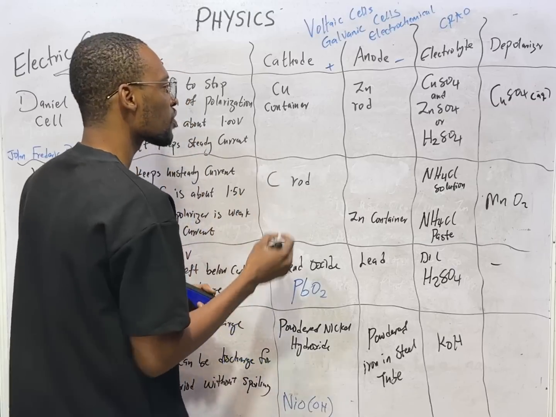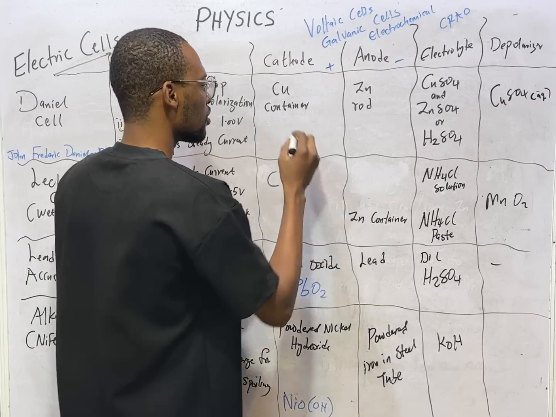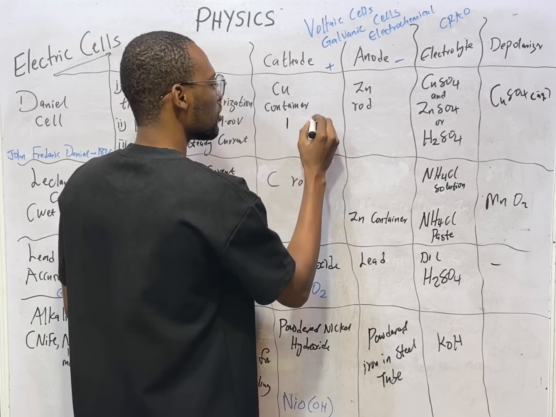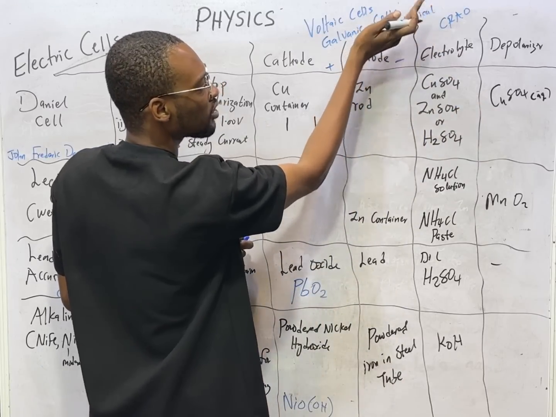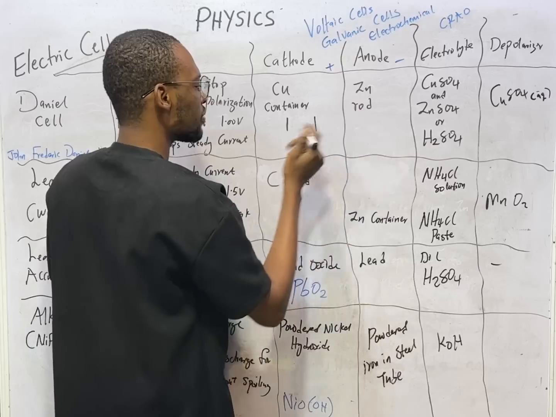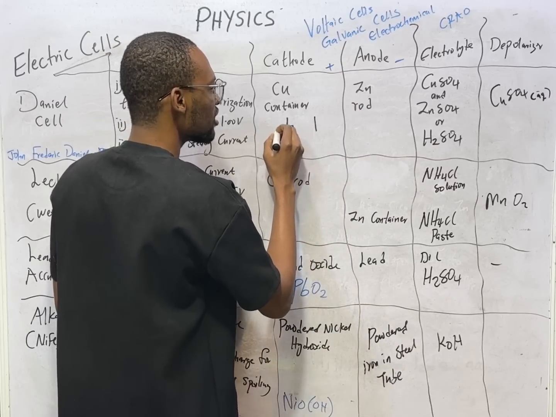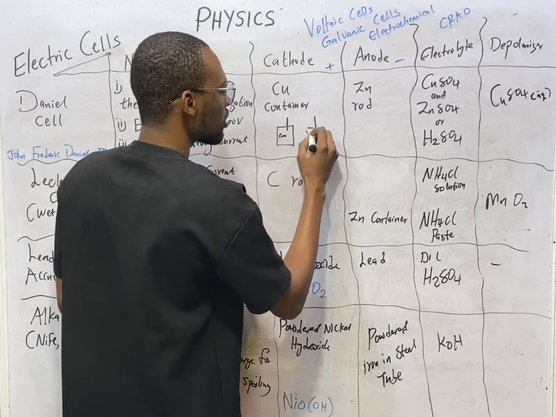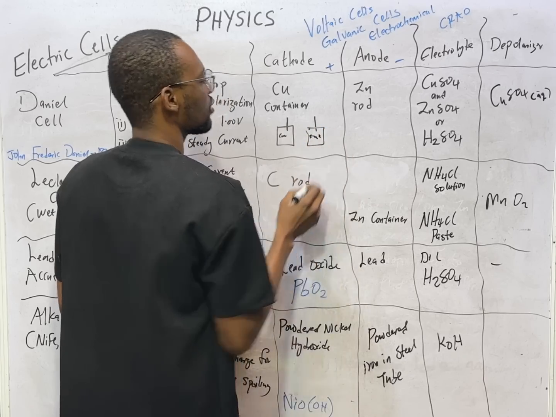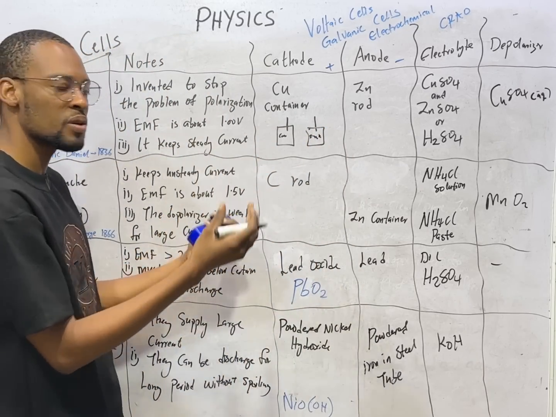Look at it. If you have the copper rod here, you have the zinc rod here. If you are going with this first one, which is copper sulfate and zinc sulfate, the first container here can be copper sulfate. This one can be zinc sulfate. They are separated, different containers.